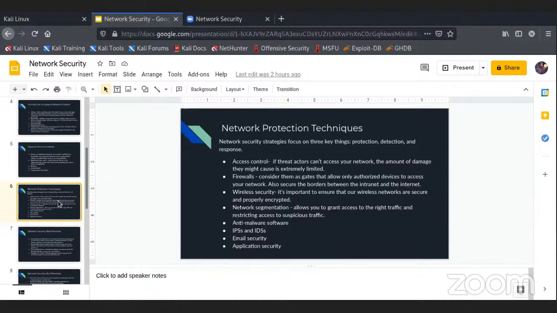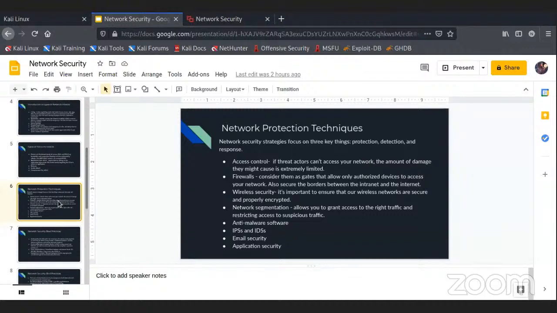For anyone who can't access our network, at least we limit the amount of damage that they might cause to our networks. Installing firewalls, I consider them as gates that allow only authorized devices to access the networks, and they also act as borders between our intranets and the wide internet.